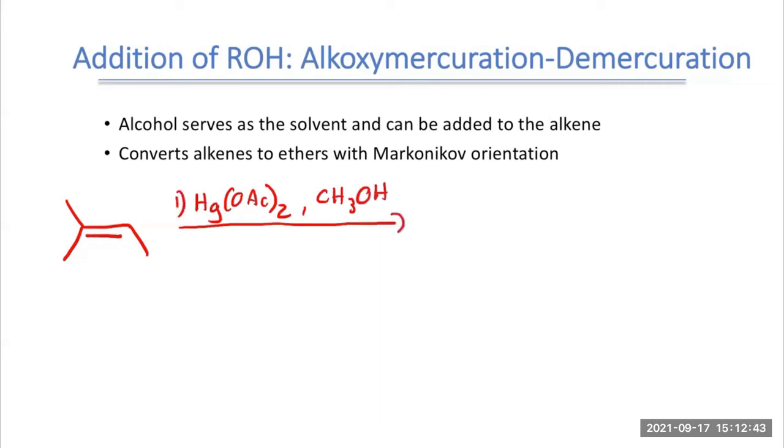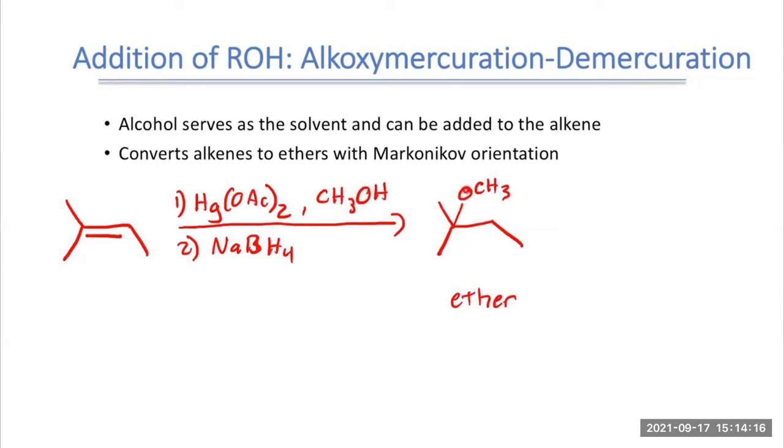And then our second step is still that sodium borohydride. Now, instead of giving an alcohol, it converts it into an ether. So this is one way to get ethers with a Markovnikov orientation.